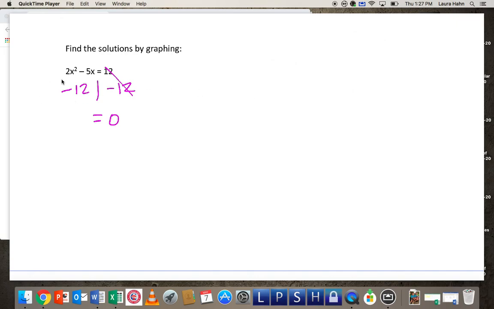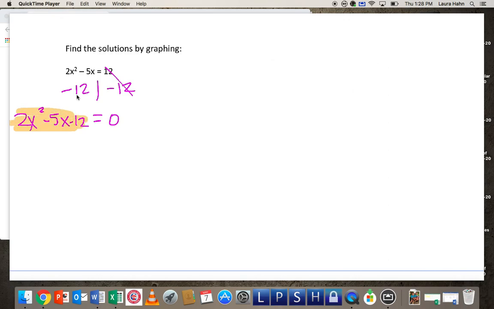Okay, but on this side, I have x squareds, x's, and then constants, regular numbers. They're all different, which means I cannot combine them. So I'm going to rewrite it as 2x squared minus 5x minus 12. Okay, so now that it's set equal to 0, I'm going to take my equation and go graph it.